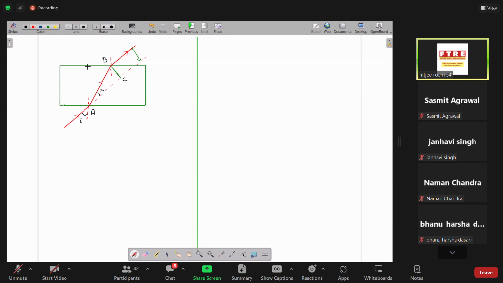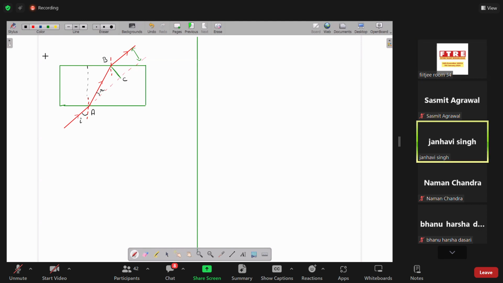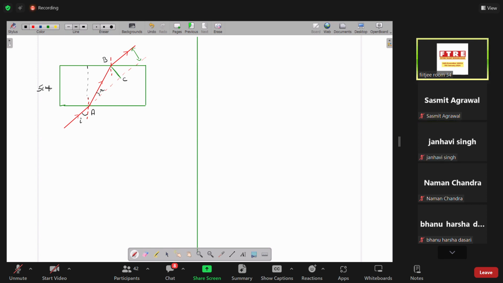They have given us that the thickness of the slab is 5 centimeters. Right? This angle will be I minus R.